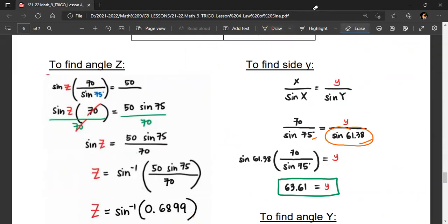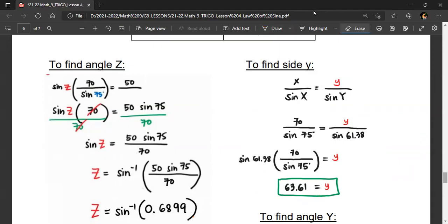To compute this, you can use your calculator. With 70 divided by sine 75 degrees multiplied with the sine 61.38, you will come up with the measurement for the side Y, which is 63.61 units. Units is used when there is no unit of measurement given.